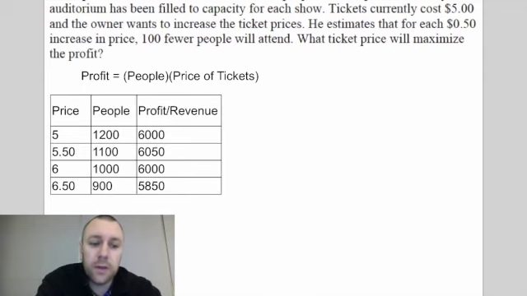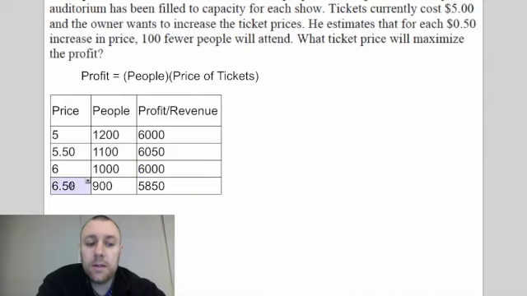But if you increase it, so let's say you increase it 50 cents, so now the price is $5.50. Now only 1,100 people will show up, and that will get you $6,050. So now you're making $50 more than this. But if you increase it another time to $6, only 1,000 people come, so you're back to that $6,000 revenue or profit.